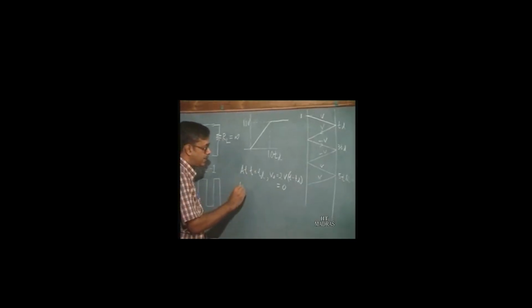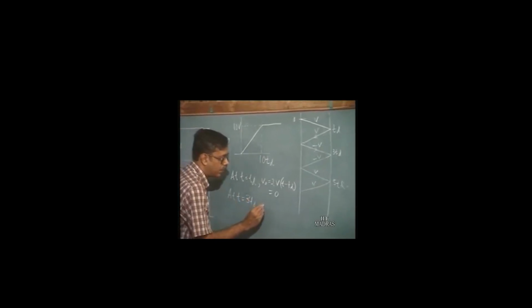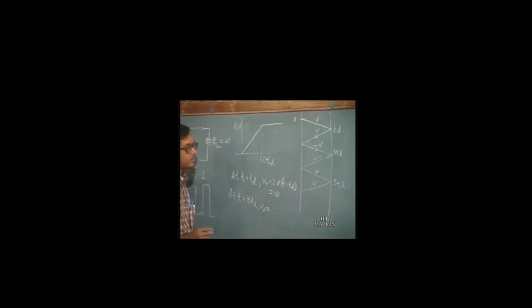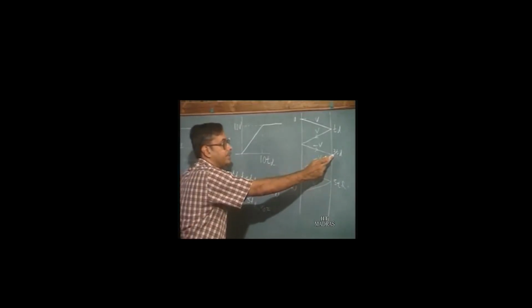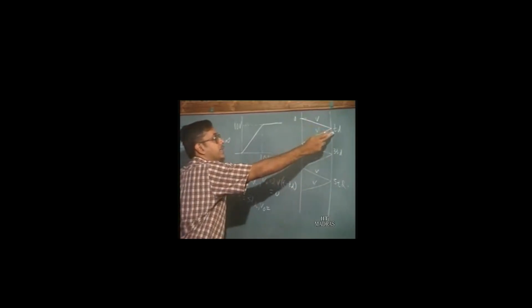So the voltage at time T is equal to 0. For this ramp, this is equal to 0. So the voltage is equal to 0. Now at T is equal to 3 TD, the voltage output will be twice the voltage which started off at time TD before from the source end, and minus twice the voltage which started off 3 TD before, that is from the source end.